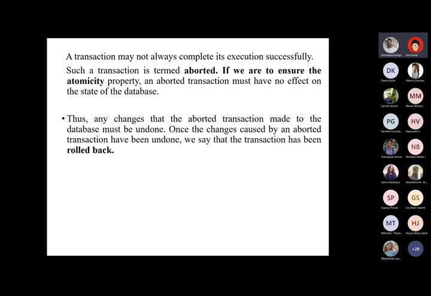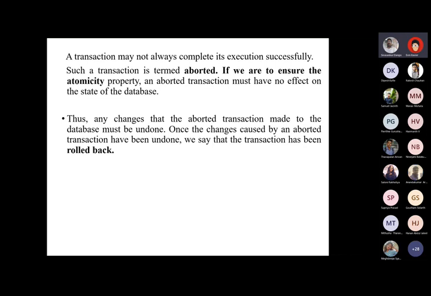Whenever you abort a transaction, you roll back the values of the variables in the database to their previous state. Any changes that the aborted transaction made to the database should be undone.